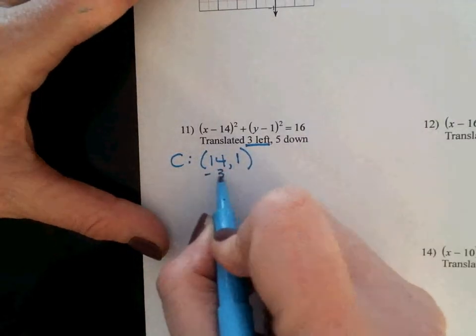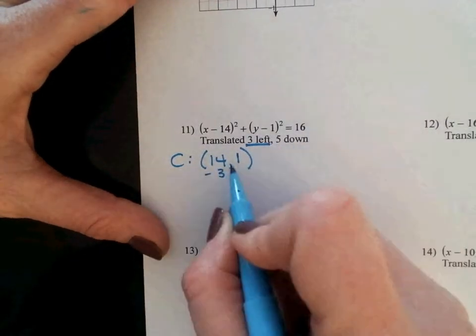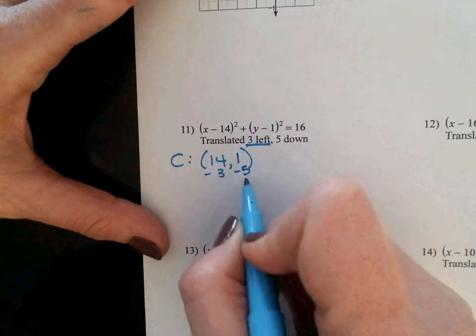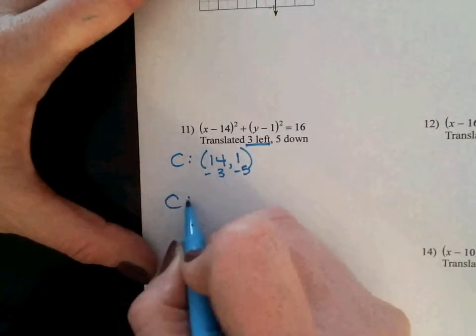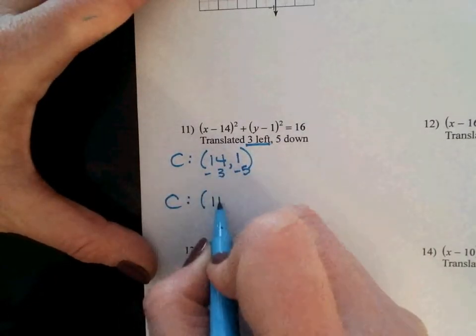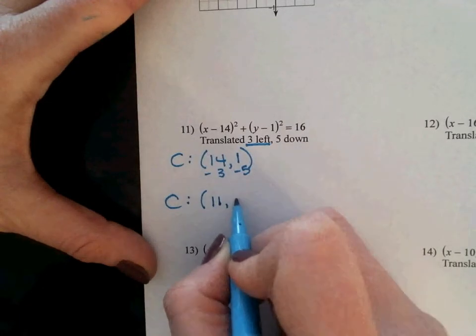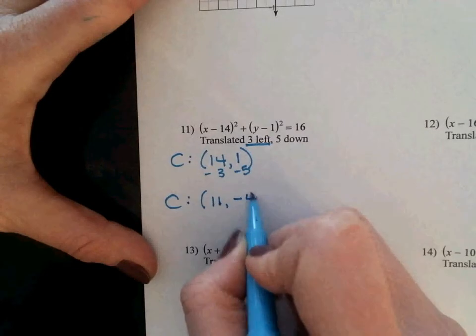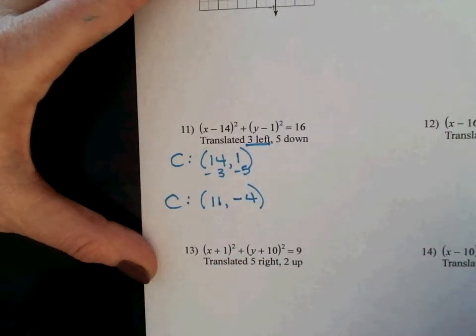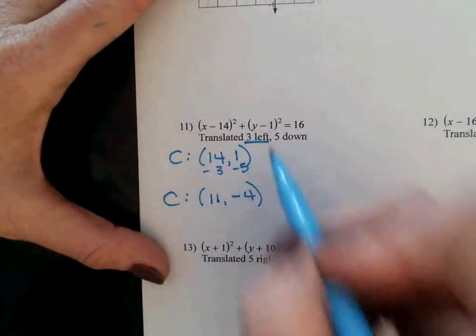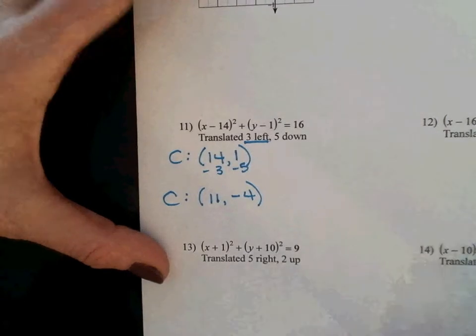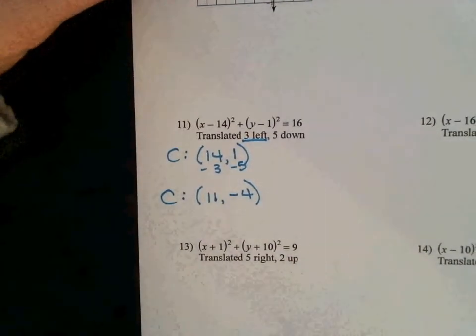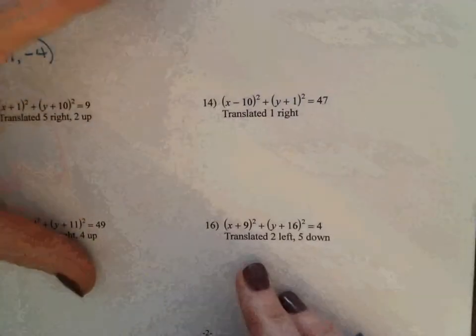And then we're going to translate left 3, so I have to subtract 3 from the 14. 5 down means I have to subtract 5 from the 1. So my new center is 11, -4. Good. And then you could plug that in. So you'll have to finish that one up. Name one more and I'll do it.